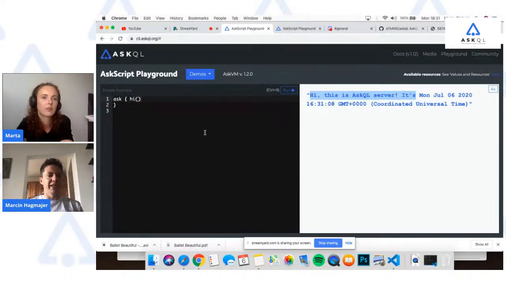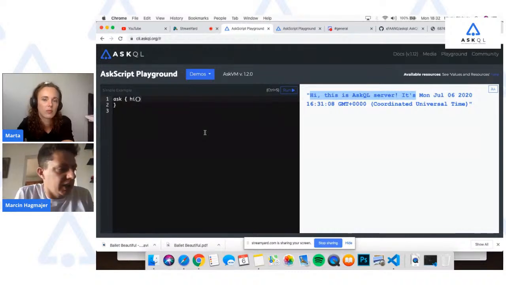So we create a virtual computer for AskScript, which itself is a JavaScript program. The only way currently you can run AskQL is in JavaScript. So you don't need to know JavaScript because we have our own language, but it's good to know that when you hear someone talk about JavaScript, you can already use AskQL in that same place.